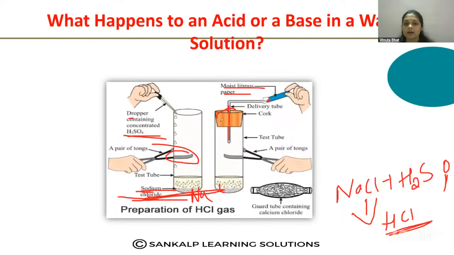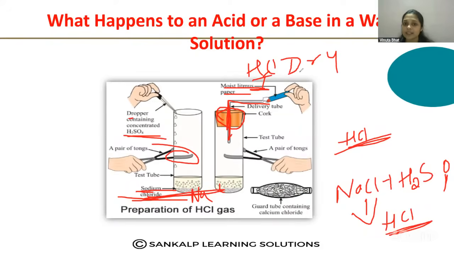The cork is present here and the delivery tube is connected here. You know that HCl, hydrochloric acid, here is in gaseous form. So here HCl gas is being produced.